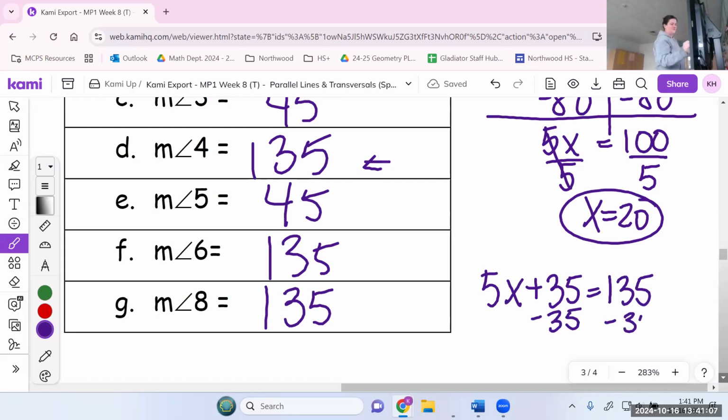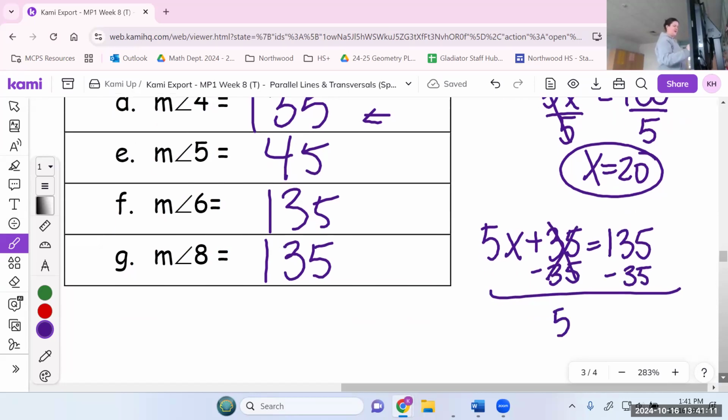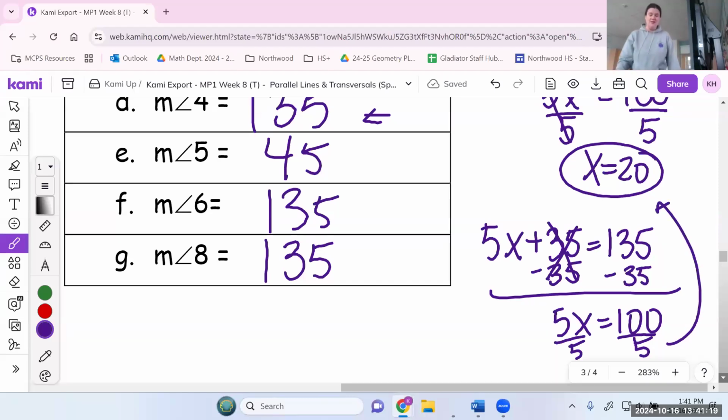Minus 35 on both sides, we have again 5x equaling 100, just like before. Divide by 5, and x is still 20. I teach you math, guys. It doesn't matter which way you do it, you're going to get the same answer. If you don't, that's the problem, right?